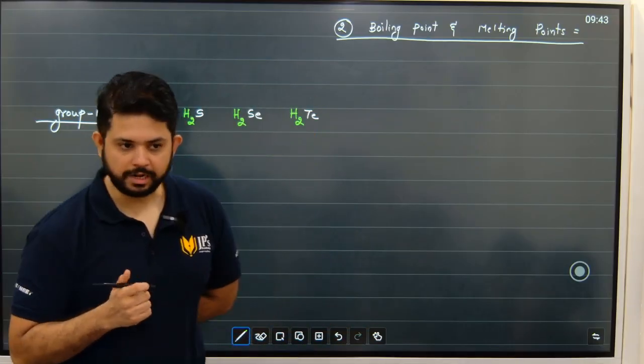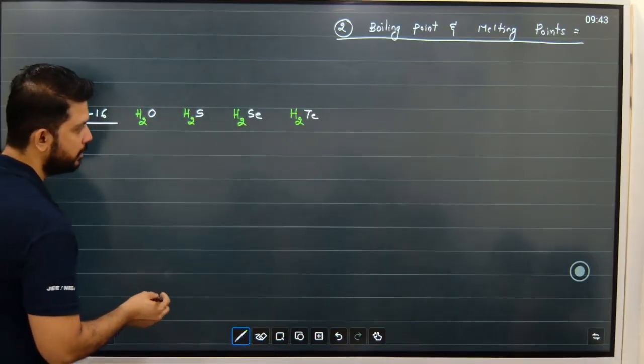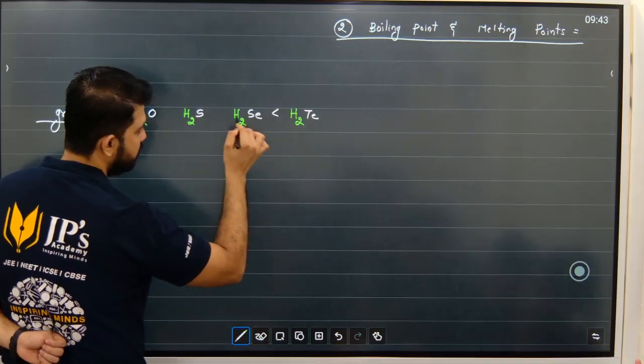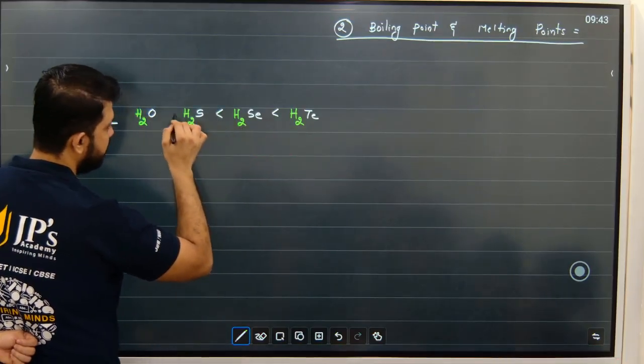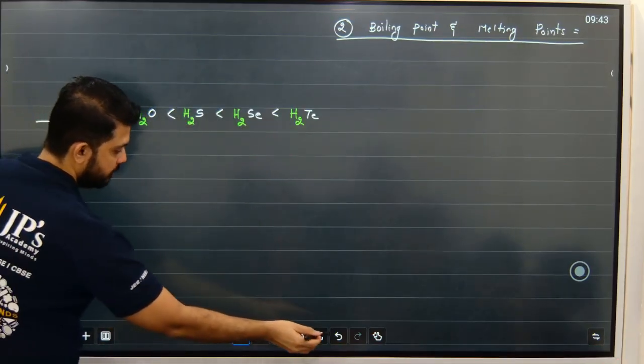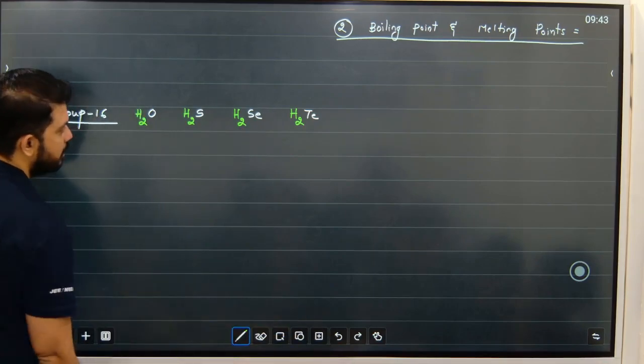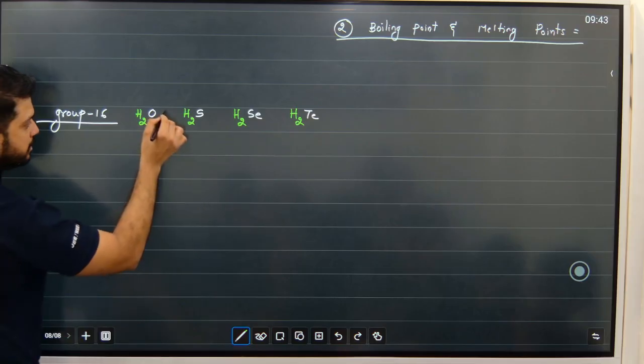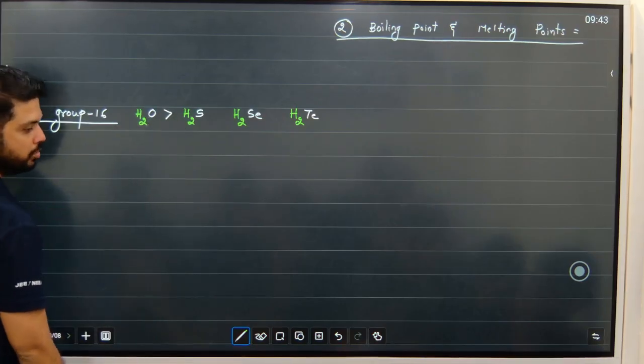So according to the general trend, who should have the highest boiling point? H2Te, then H2Se, then H2S. But the highest boiling point is H2O.